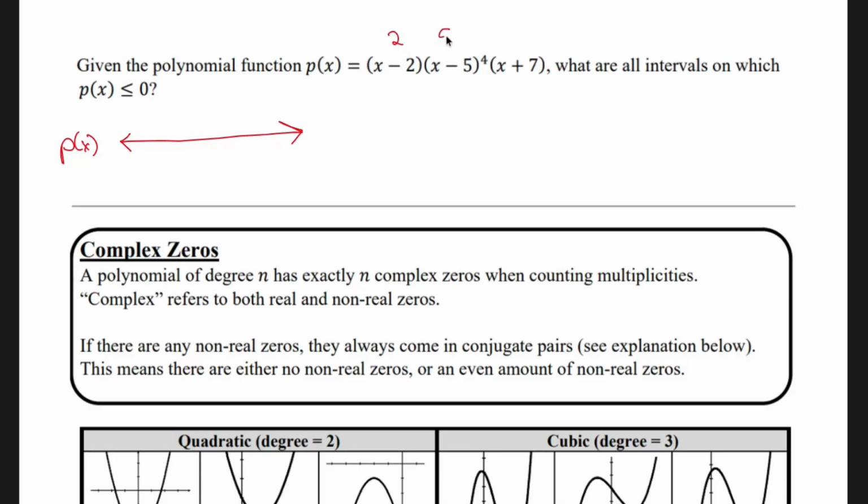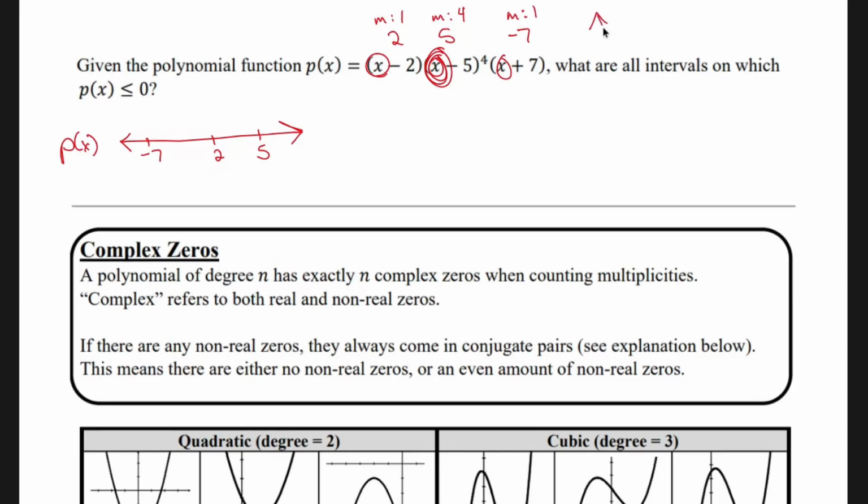2, 5, and -7. More importantly, 2 has a multiplicity of 1, 5 has a multiplicity of 4, and -7 has a multiplicity of 1. So our key numbers are -7, 2, and 5. This is a degree 6 thing.